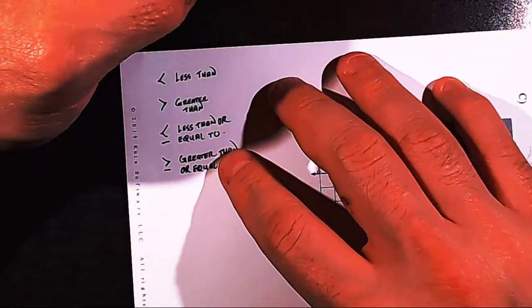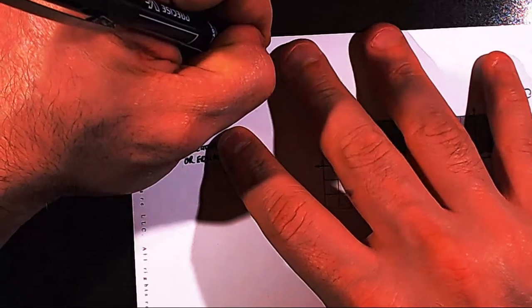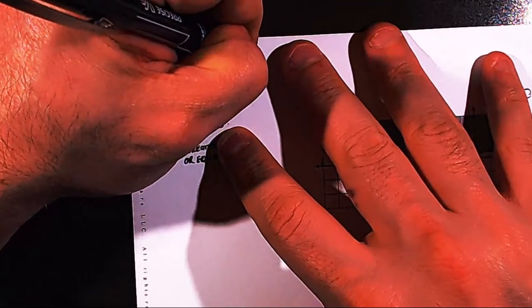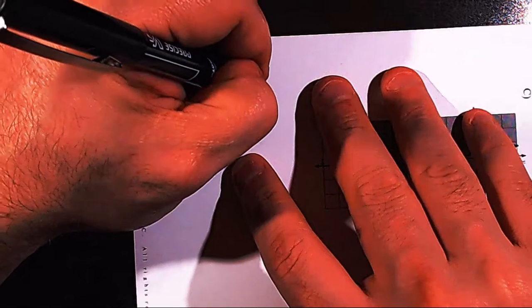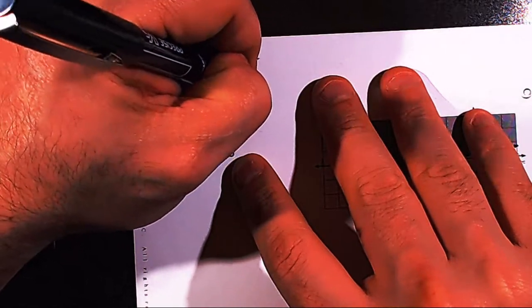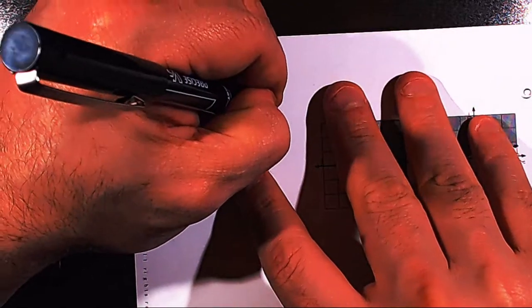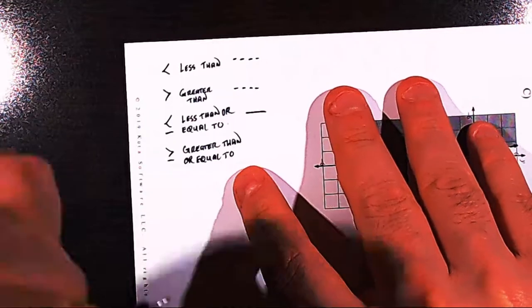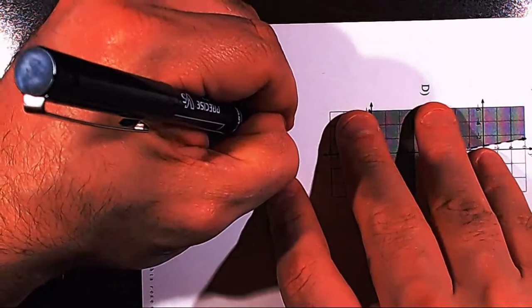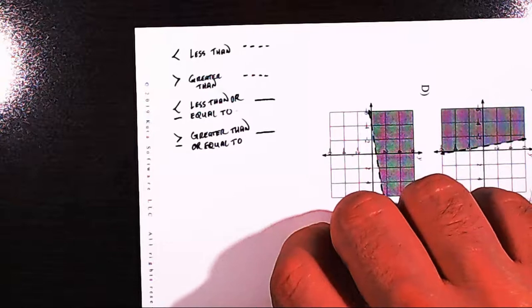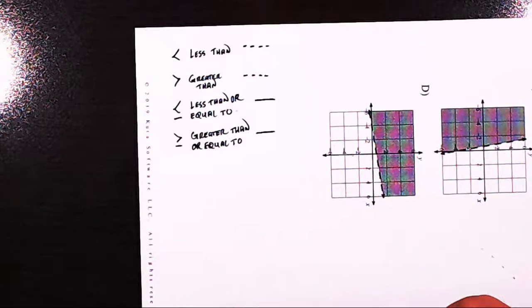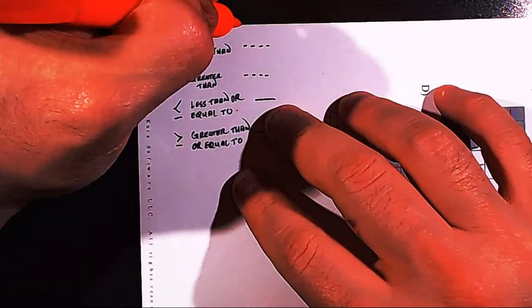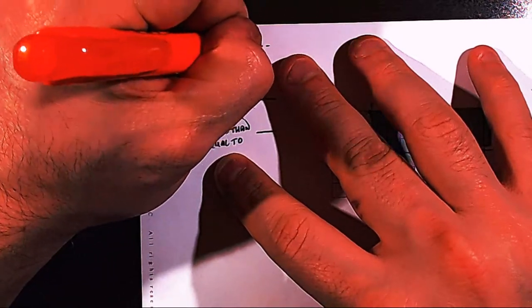And then remind yourself of this. With less than, I'm going to have a dashed line. With greater than, I'll have a dashed line. With less than or equal to, I'll have a solid line. And with greater than or equal to, I'll have a solid line. Now what about the shading? Well, with less than, I'm going to shade below the line.